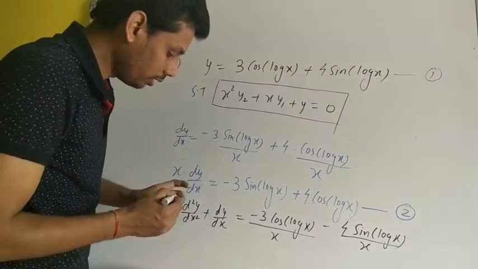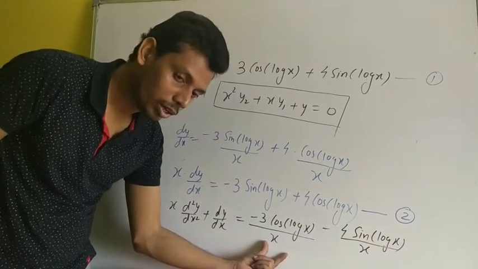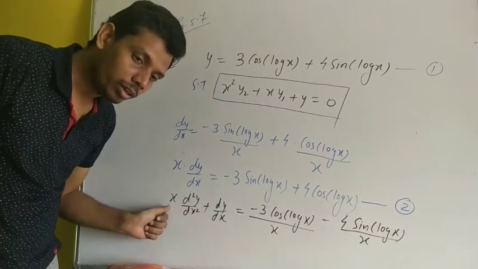Now see, again if we take LCM as x, and we bring that x to this side, this will be equals to what?